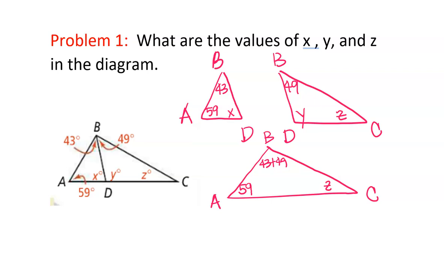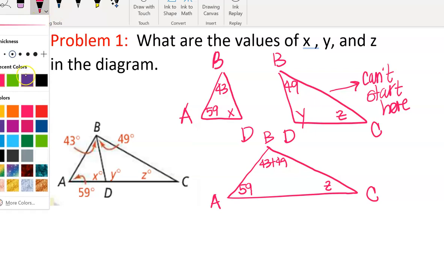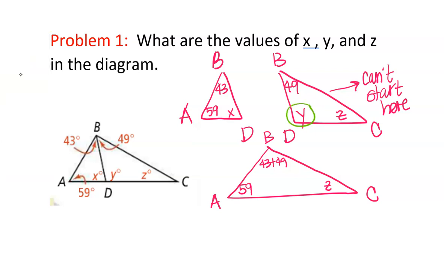So when you're looking at them, the only one that you cannot do right away is this one right here. Can't start here. And the reason is because you've got 2 variables in there. So look at the small triangle, 59, 43, and x.